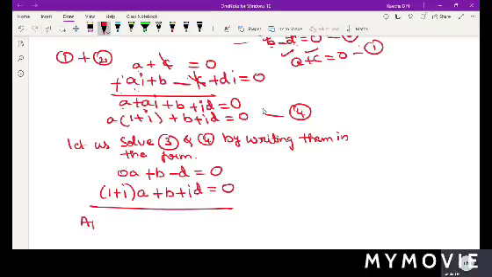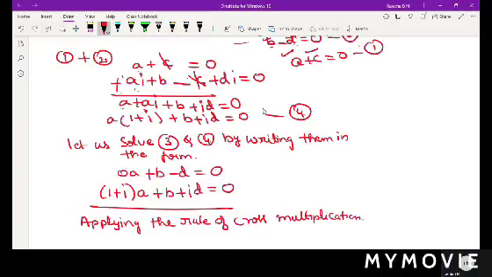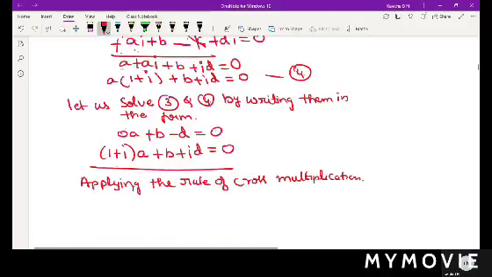Then applying the rule of cross multiplication, we have a by... Take down the coefficients; for a, we are not taking the coefficient of a, we are taking the b coefficient and also the d coefficient.